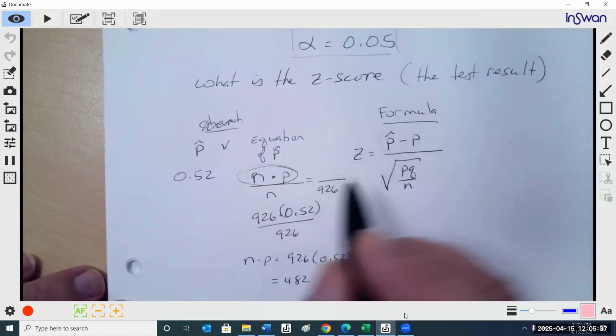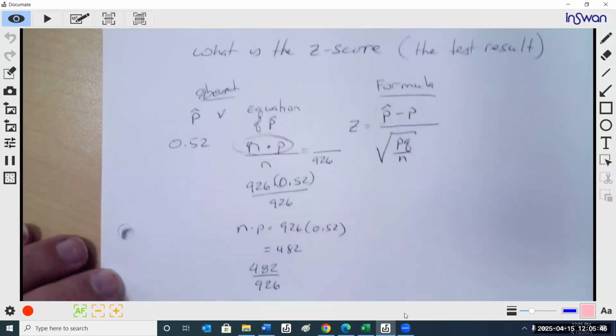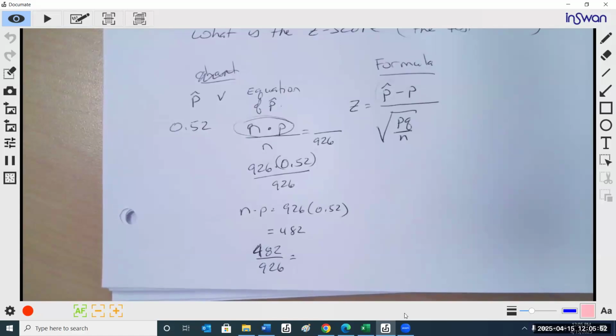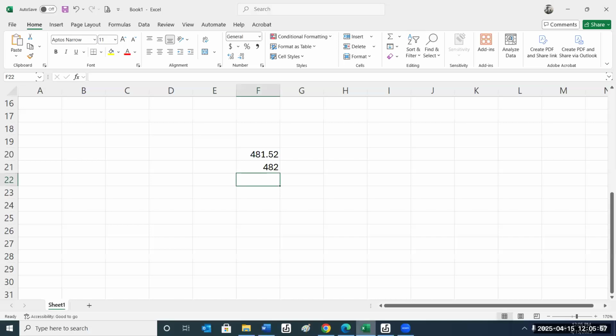So for this value here, instead of p hat, we can use 482 divided by 926. What's that going to give us? This gives us 0.52052, and it repeats itself forever after that.